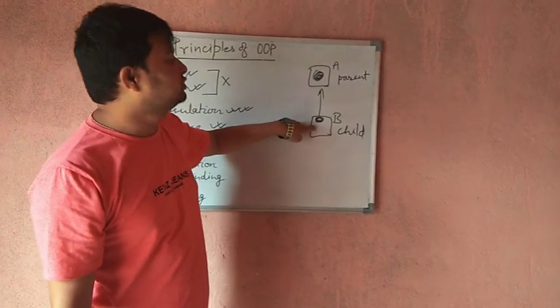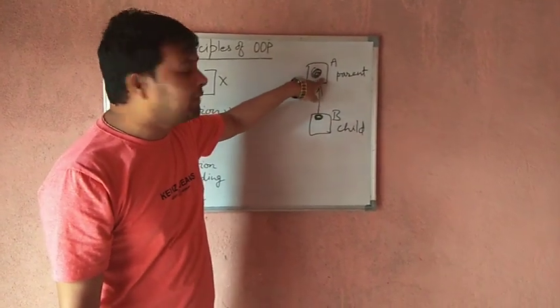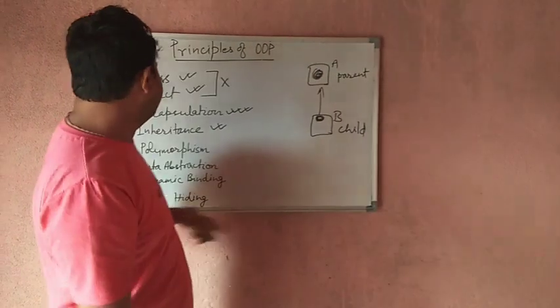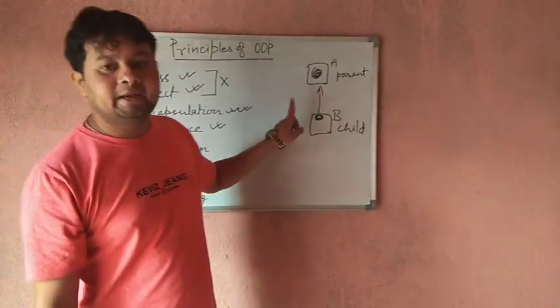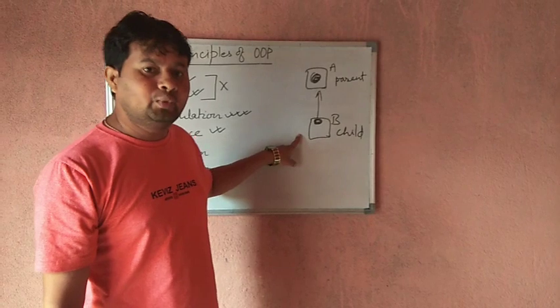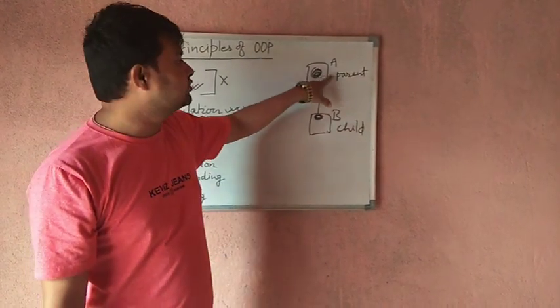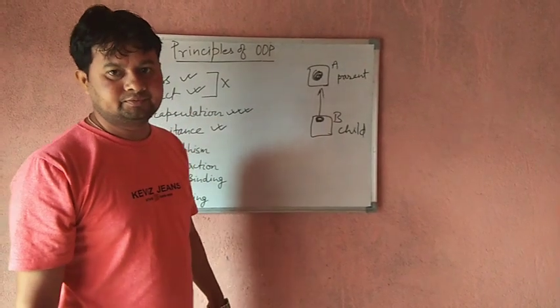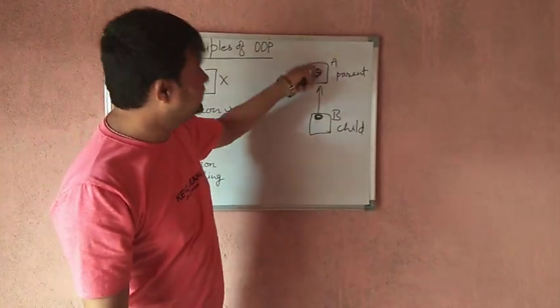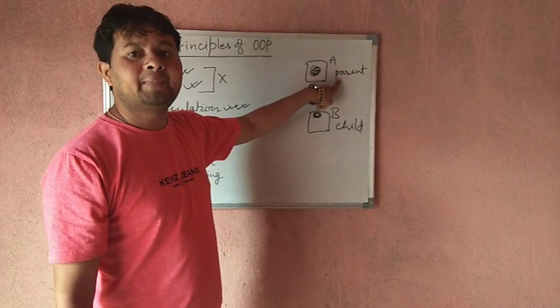A child class is using the properties of parent class. So inheritance is the process in which a child class uses the properties of parent class, or a child class inherits the properties of parent class.